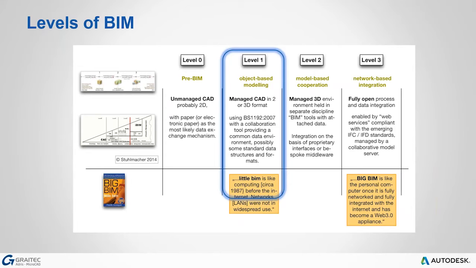Ideally, CAD standards will be managed to BS 1192 2007, and electronic sharing of data is carried out from a common data environment. That's that CDE we mentioned earlier. Often this will be managed by the head contractor. This is the level at which many organizations are currently operating.